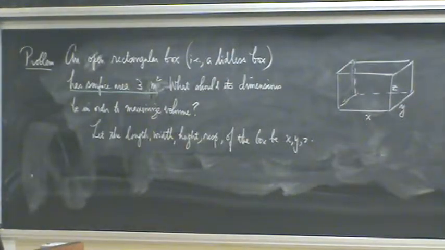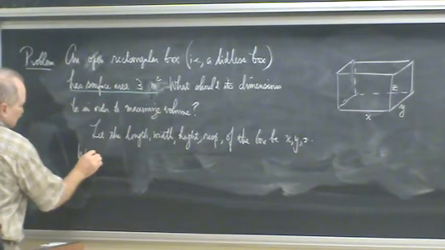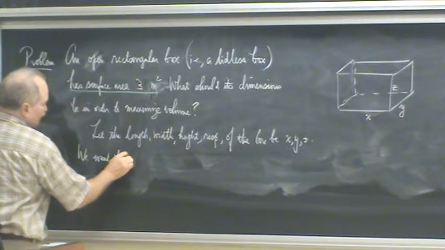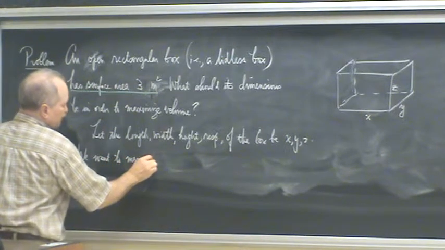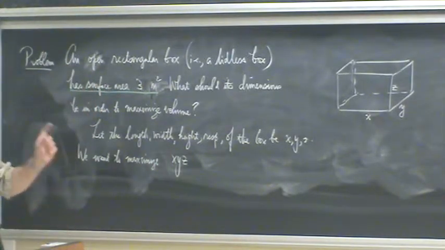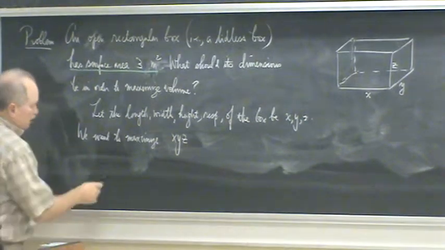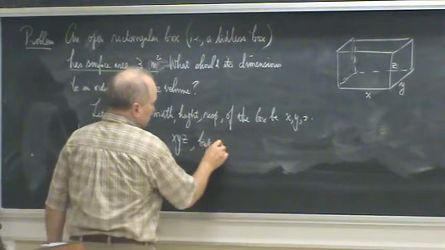What am I trying to maximize, and what do I know about x, y, and z? So what do we want to maximize? The product, x, y, z. I'm not calling it a function yet because I'm going to get rid of a variable soon. So we want to maximize the product of the length, width, and height, but we have a constraint.